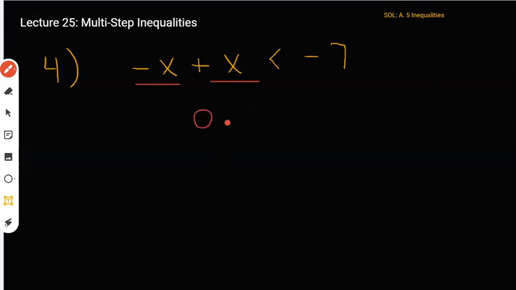Another way you can think about this is there is actually a 1 out in front of this x, which means there's actually a -1 out in front of this x. And then 1 plus -1 is going to give me 0x, which is just 0.